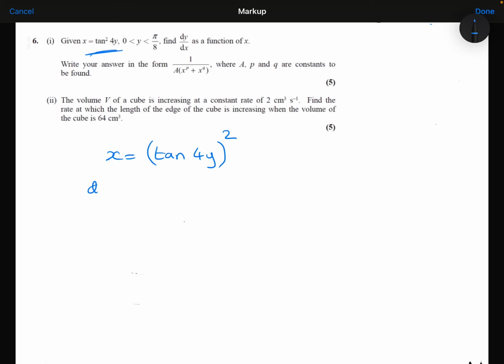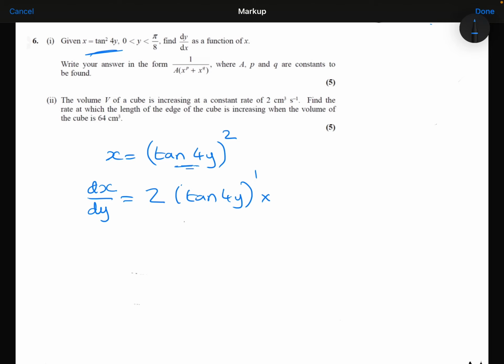So when I differentiate x with respect to y, we're going to differentiate the outside function first, so the squared. So times by 2, take 1 away from the power, and the power is now 1. We would then have to, by the chain rule, multiply this by the derivative of the tan 4y.